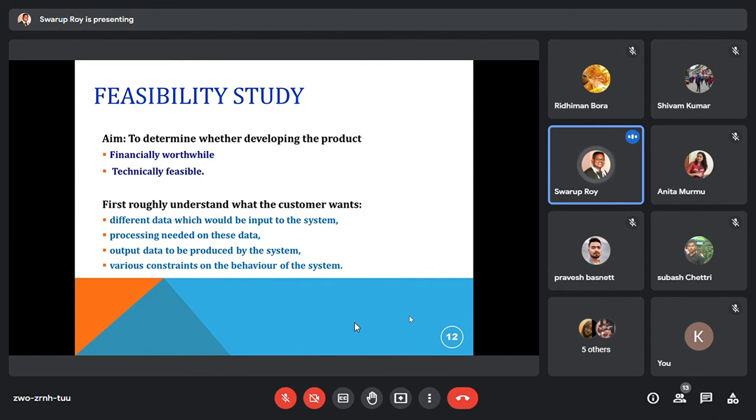Say for example, in our university, the exam department has given a certain requirement. I'm talking about offline answer scripts. There would be an automatic scanner which scans all the pages of your answer scripts, and they are stored against your name in the database, with very little human intervention.